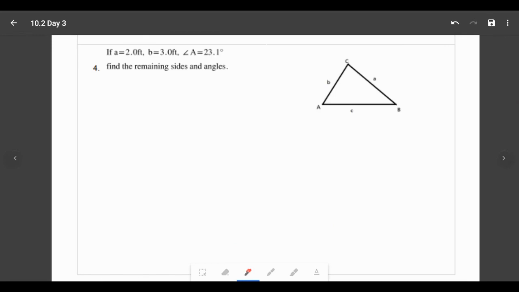Moving on to problem 4, again, always start with just labeling your diagram with the given information. That way it might help you to notice, okay, we have both angle and side A, so starting law of sines with that information.